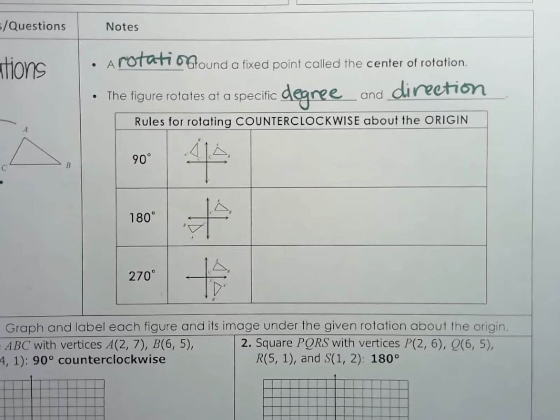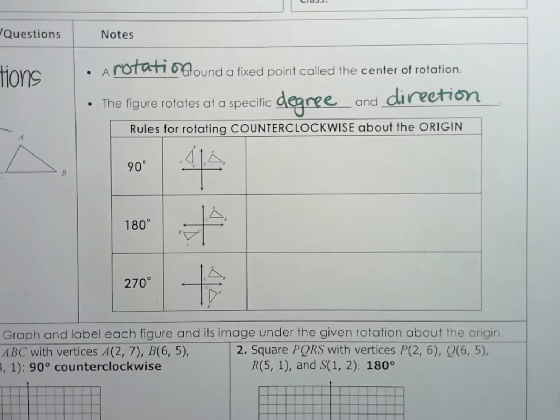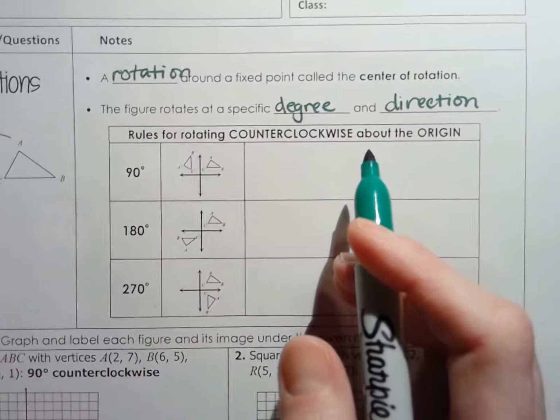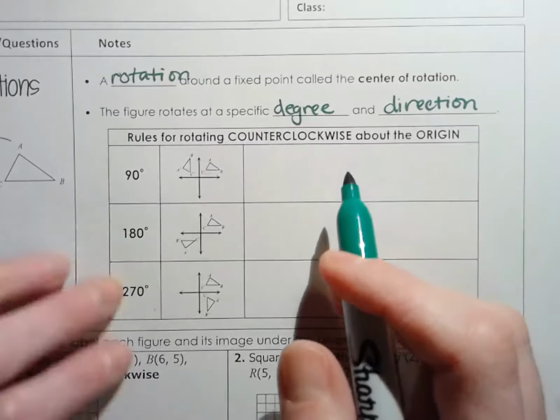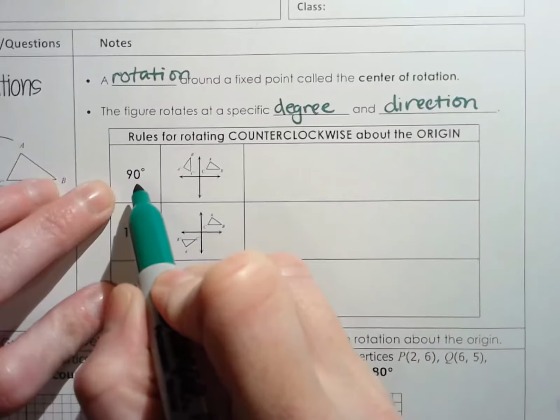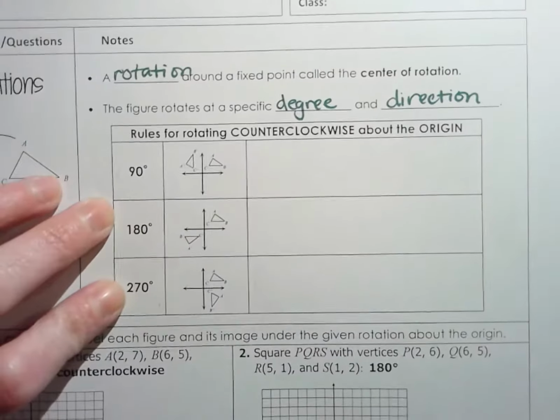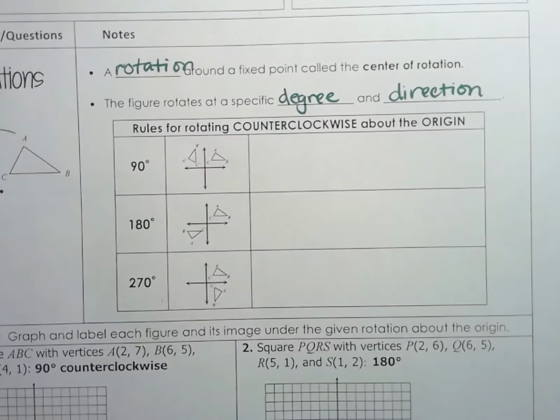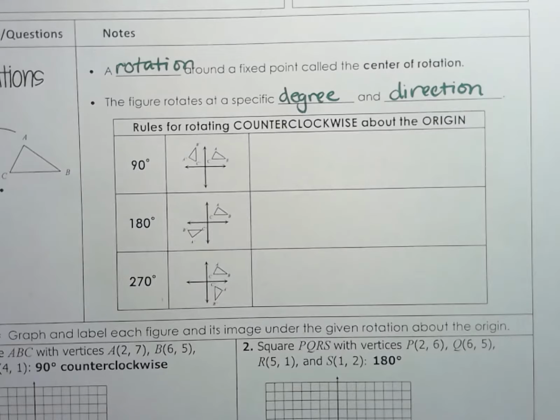So instead of writing some rules down here, we're going to put a little information that actually will be helpful as you're working. 90 degrees. So we're going to focus more on what these rotations look like.